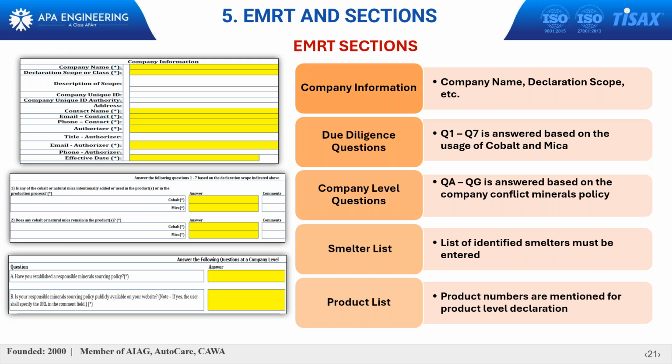The fourth section contains the smelter list tab, which requires a list of cobalt and mica smelters present in your supply chain. And the fifth section is the product list tab, which needs to be entered only if the declaration scope is chosen as a product level. And both the smelter list and the product list are similar to what we have in the CMRT. Next slide.